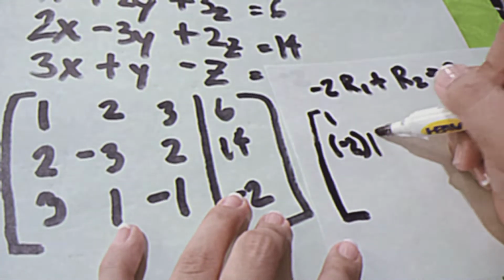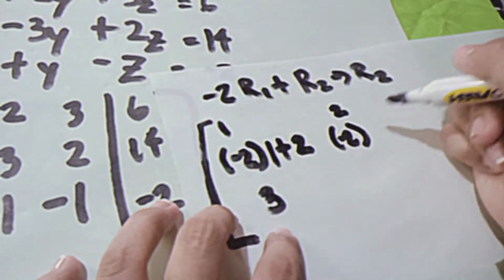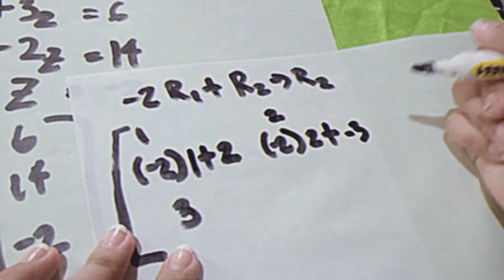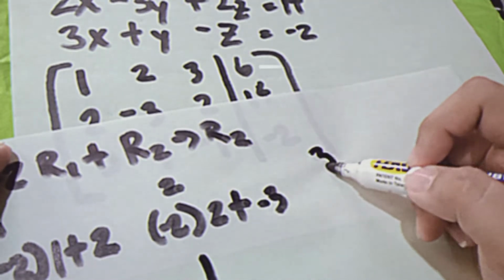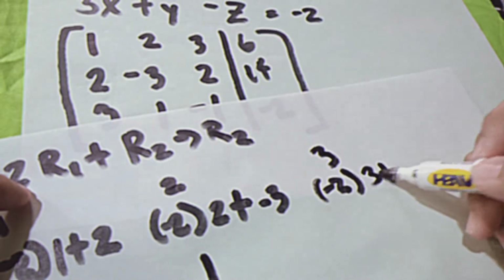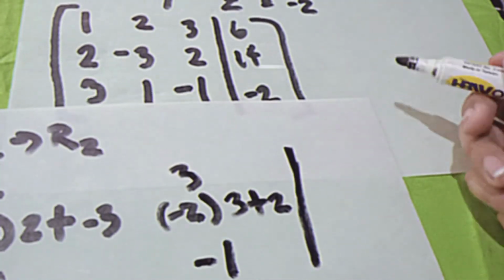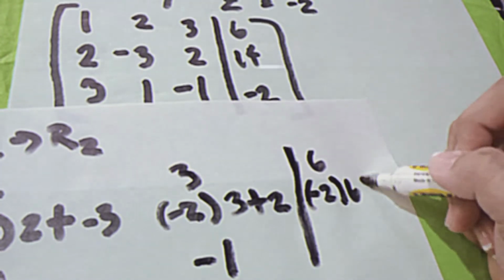So 1 plus 2, then copy the 3, then 2, negative 2, and 2; row 1 is 2 plus negative 3, then copy the 1, and then 3, negative 2, and row 1 is 3 plus 2, and then copy the one below, then 6, and then negative 2, 6 plus 14, then copy.